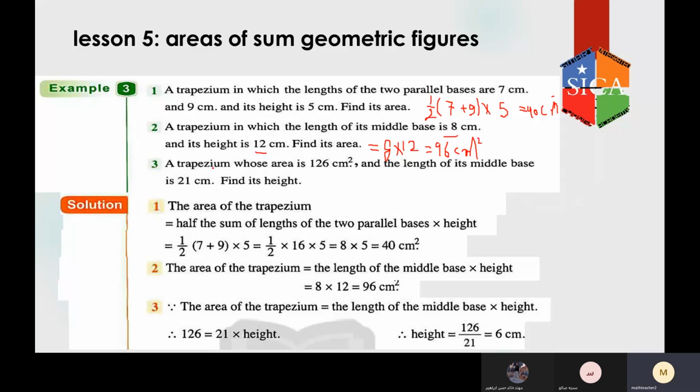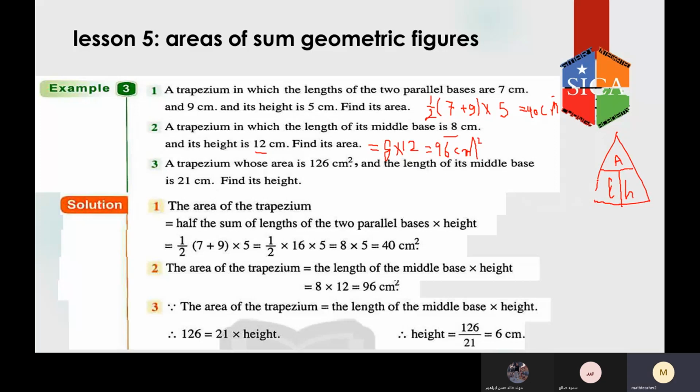A trapezium whose area is 126. Here he gave me the area and the length of its middle base. We can use the formula: area of trapezium equals L, the middle base, times H, the height.